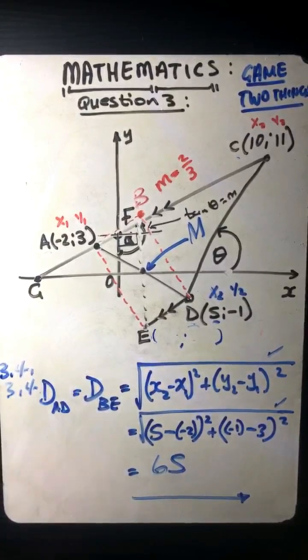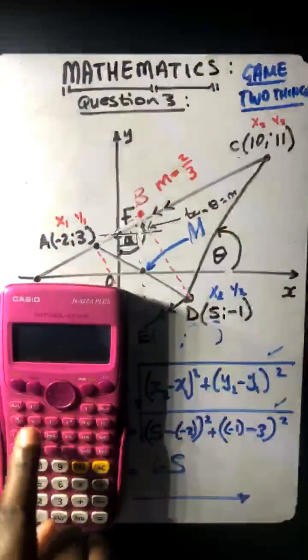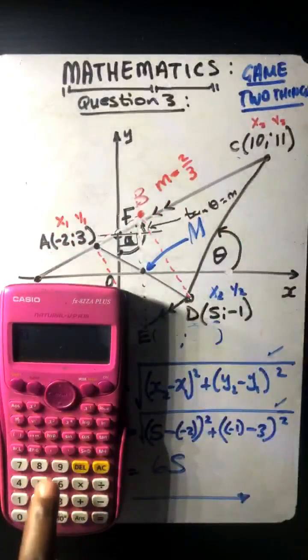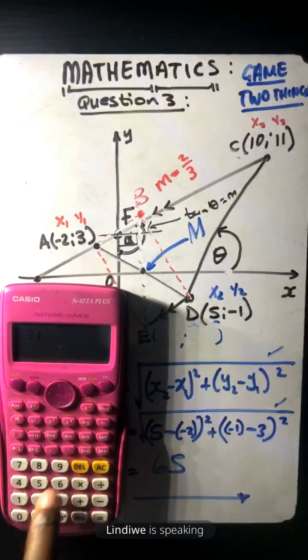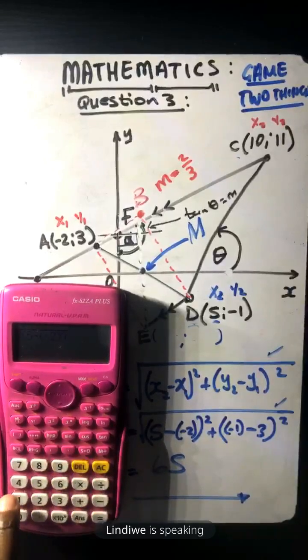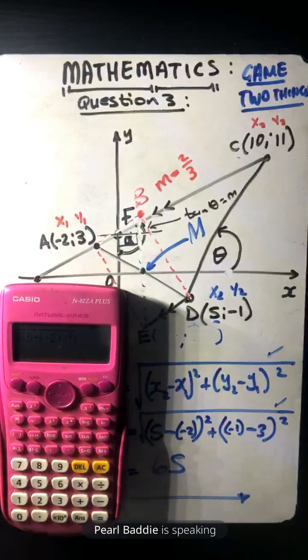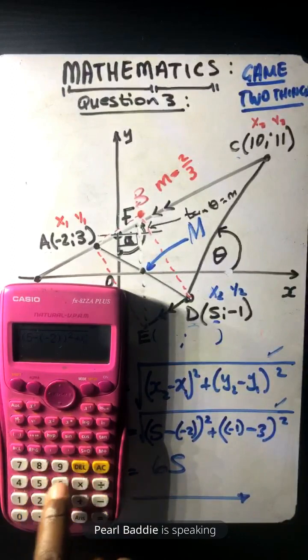I'm going to punch it. Let's see. So do we leave it in surd form? No. You leave it as it is. Oh, I forgot to put it in the square root.